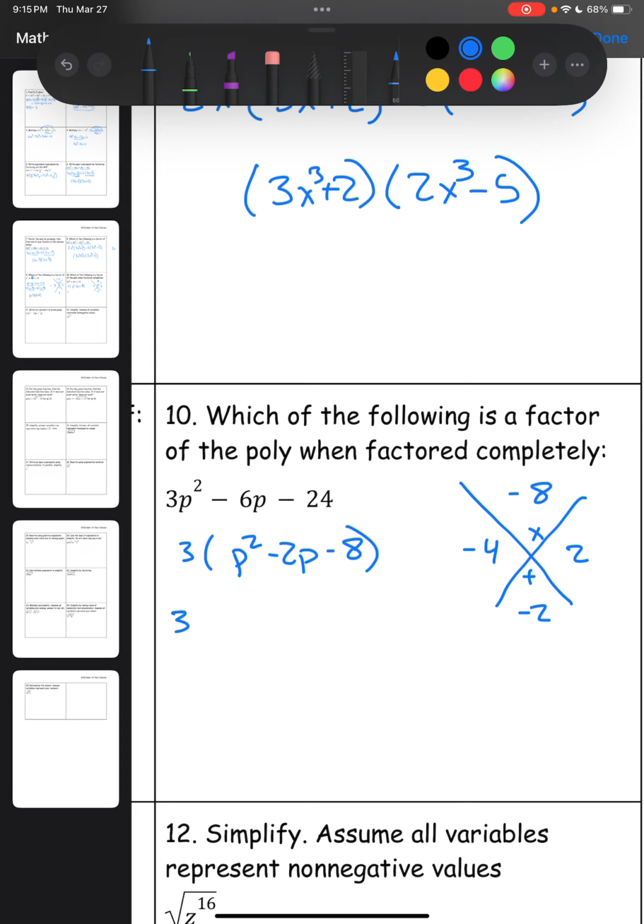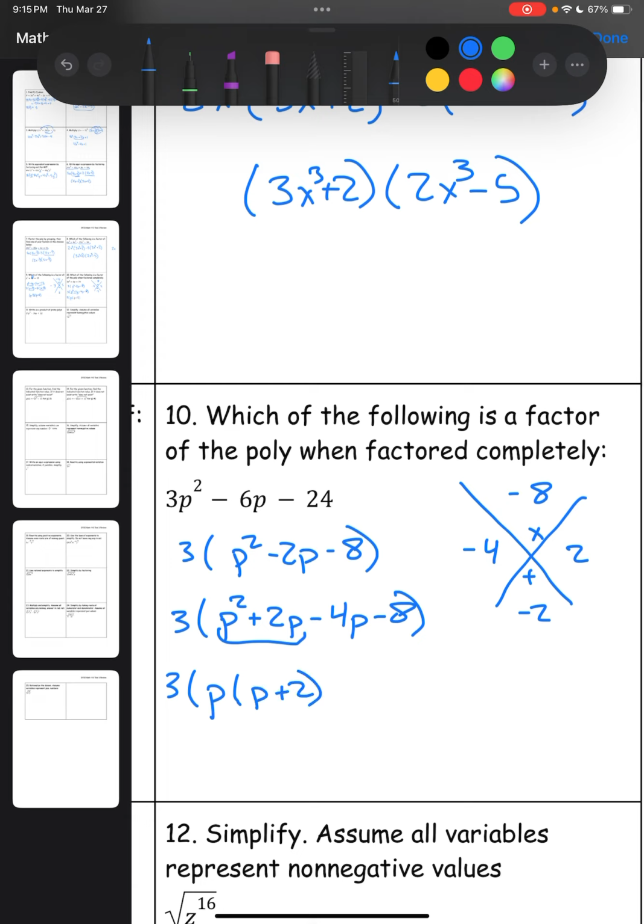So we're splitting those up here, plus 2p minus 4p minus 8. So what we can take out of here is just a p, so then we're left with p plus 2.